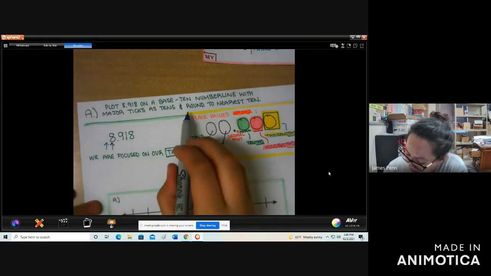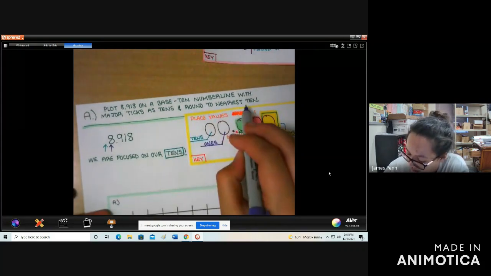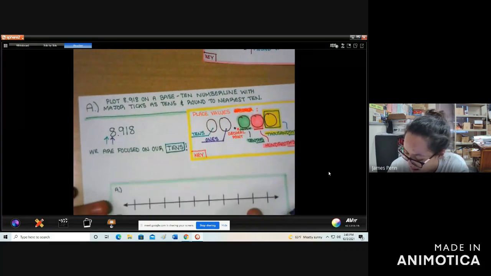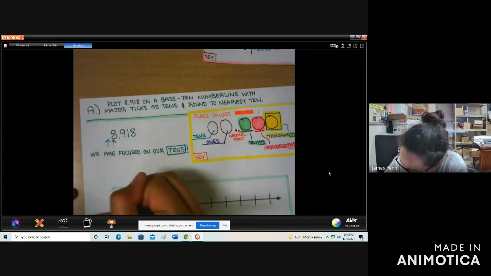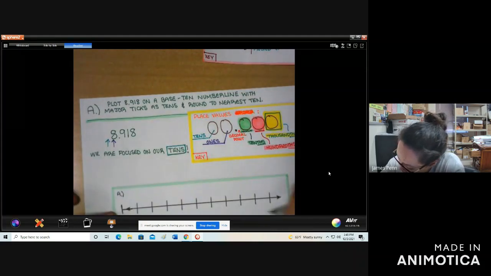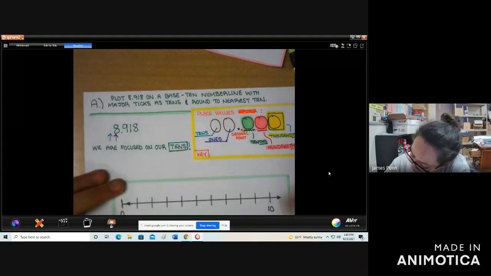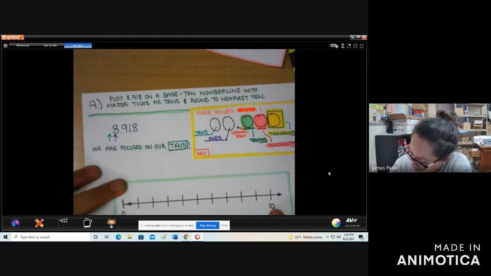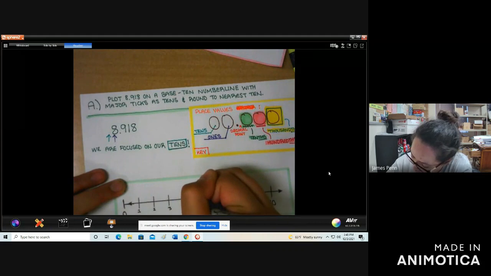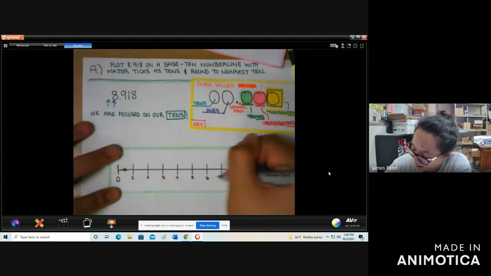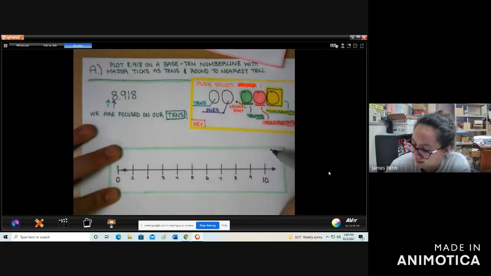But it says for us that we need to round to the nearest 10 and have the major ticks as tens. This one would be 0. This one would be 10. And then from 0 to 10, those are our tens. But with these smaller ticks, 1, 2, 3, 4, 5, 6, 7, 8, 9, and 10.